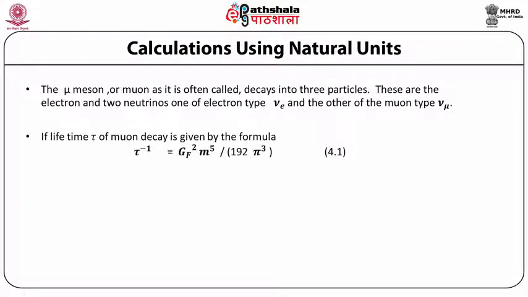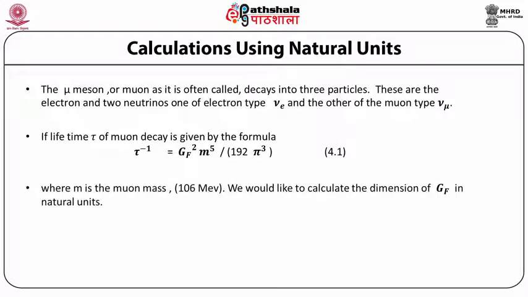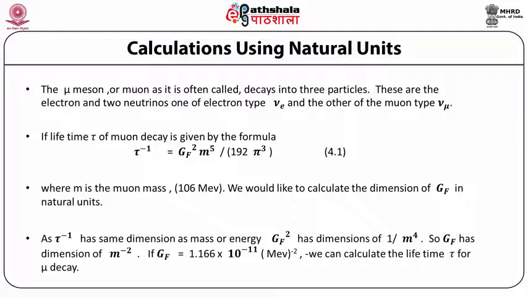If the lifetime tau of muon decay is given by the formula 1 over tau is equal to G_F squared into m to the fifth divided by 192 into pi cubed, where m is the muon mass, 106 MeV, we would like to calculate the dimension of G_F in natural units. As tau inverse has the same dimensions as mass or energy, G_F squared has dimensions of 1 over m to the fourth, so G_F has dimensions of m raised to the power minus 2.